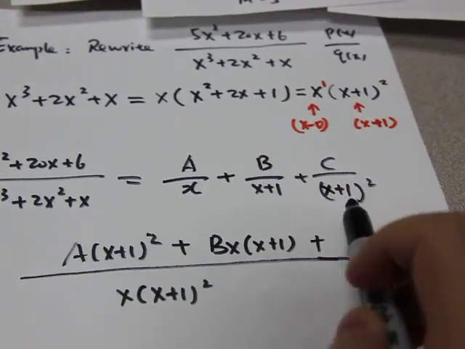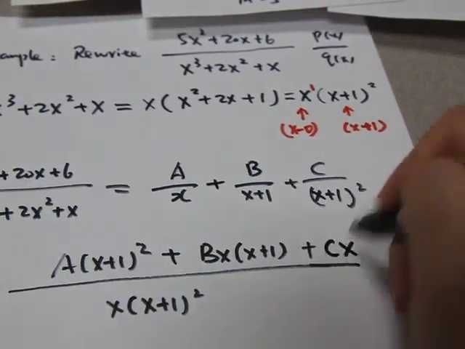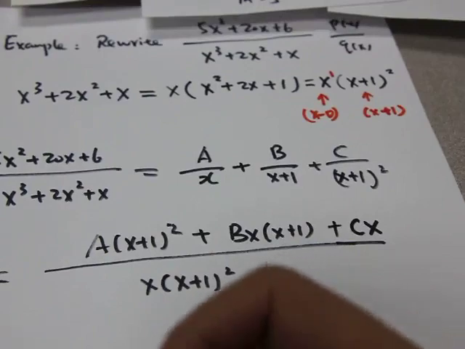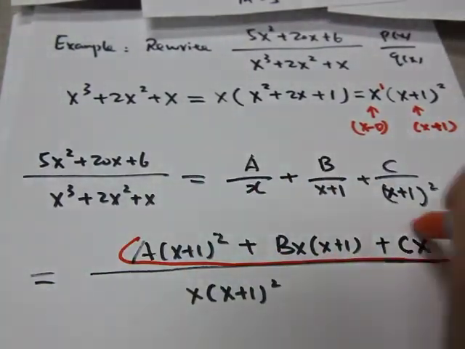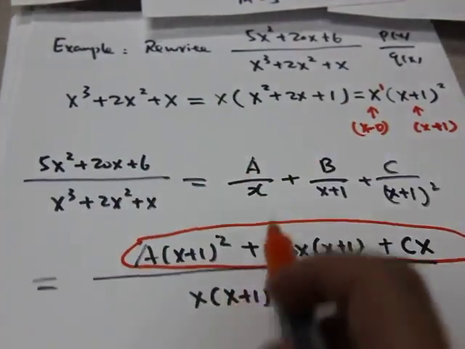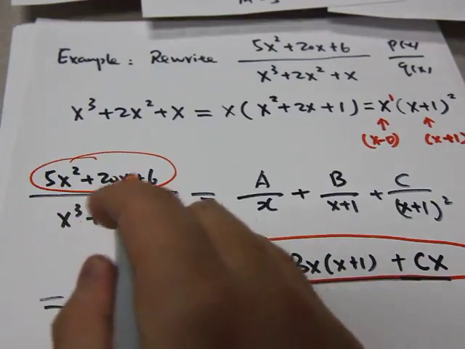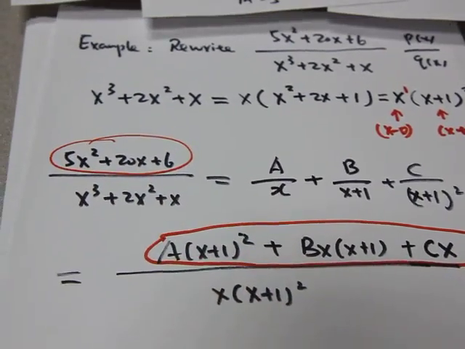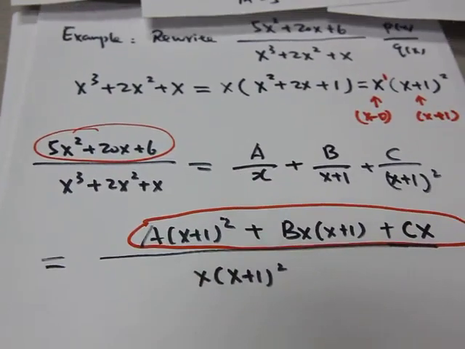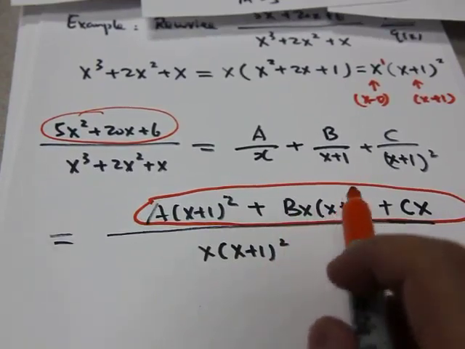For the third fraction, I only need to multiply by x, so I multiply C by x. Now, if we compare this numerator with 5x squared plus 20x plus 6, we will be able to solve for A, B, and C. Okay, let me show you how to solve this.